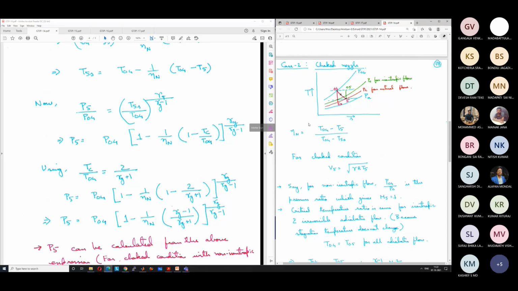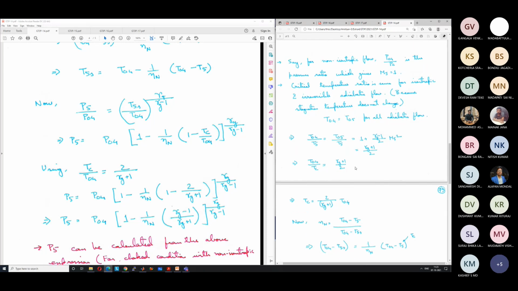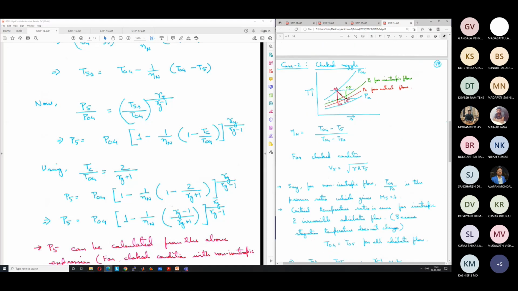But the idea is that I will just repeat the steps once more, so as to clarify. First, we have to find the temperature at choked condition. The temperature at choked condition is given by T04 by temperature at choked condition is gamma plus 1 by 2. Because T04 is known, we can find the temperature at choked condition. Once you know that, you have to find the corresponding isentropic temperature, as if the flow was isentropic instead of having frictional losses.